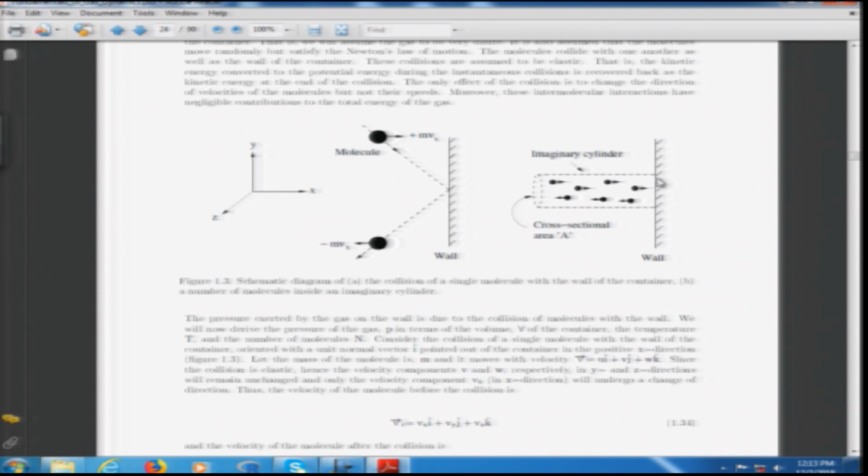Some may be going to impact, some may be coming back. Let's say the cross-sectional area of this hypothetical cylinder is A. Then we are interested in how many molecules are present in this hypothetical cylinder. Once we calculate that, we are near our result.